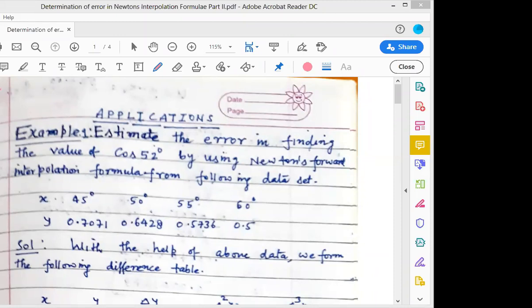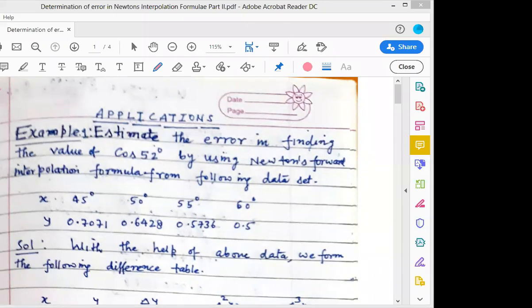This was the logic behind that, and thereafter we applied the fundamental property of the interpolating polynomial which we discussed long back.